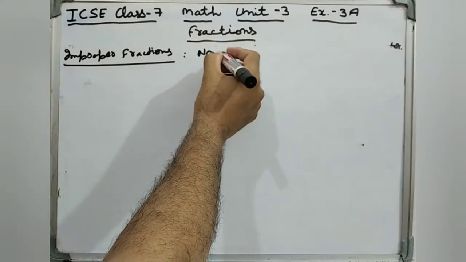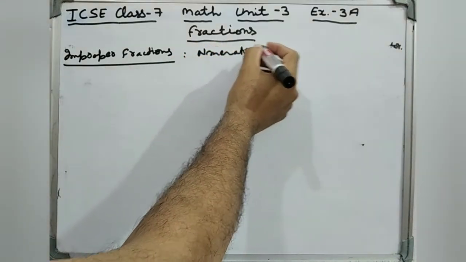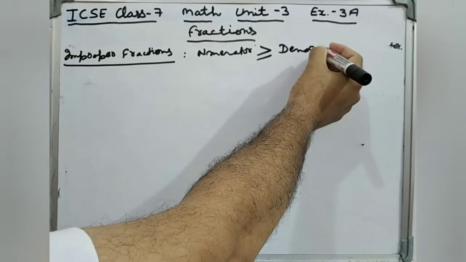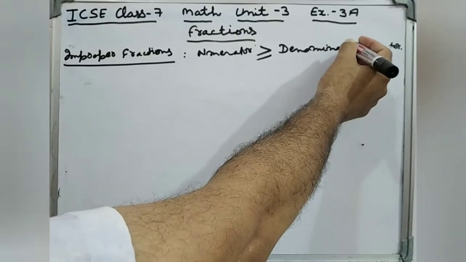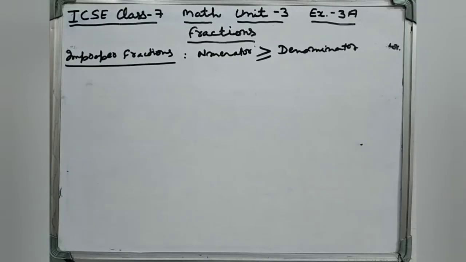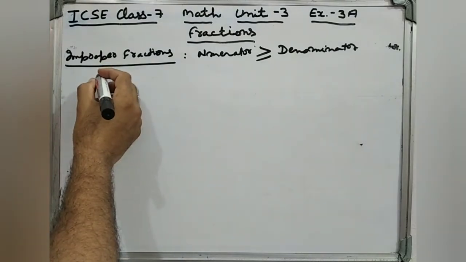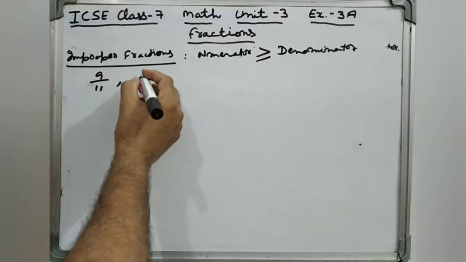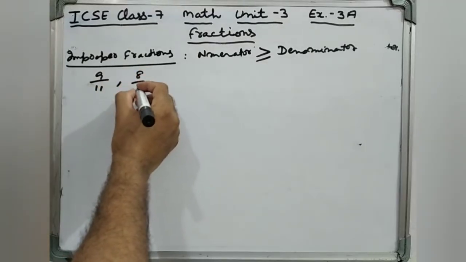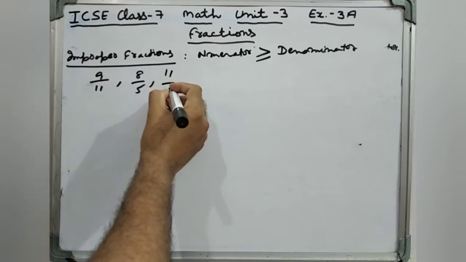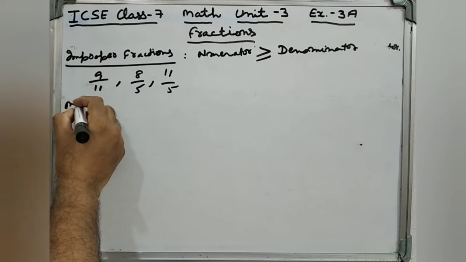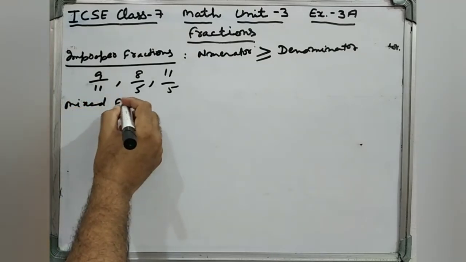A numerator greater than or equal to its denominator is called an improper fraction, right? Like 9 upon 11, 8 upon 5, 11 upon 5 are all improper fractions. Now we will move on to mixed fractions.